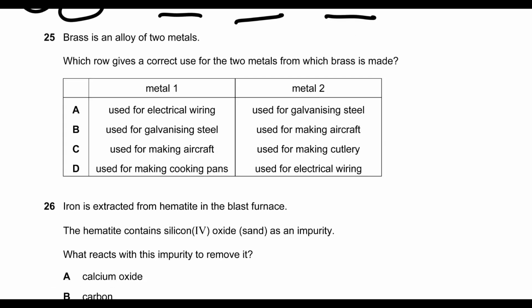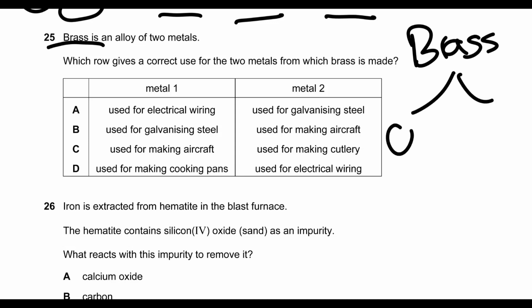Brass is an alloy of two metals. Which row gives a correct use for the two metals from which brass is made? First of all, you need to know which elements brass is made from. Brass is a mixture of two elements: copper and zinc.